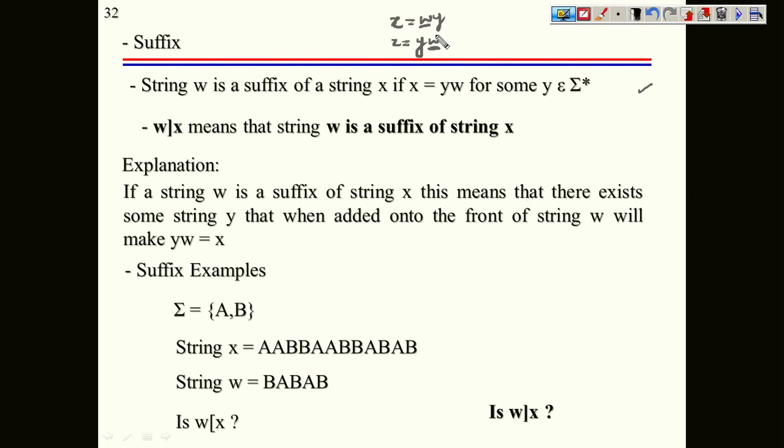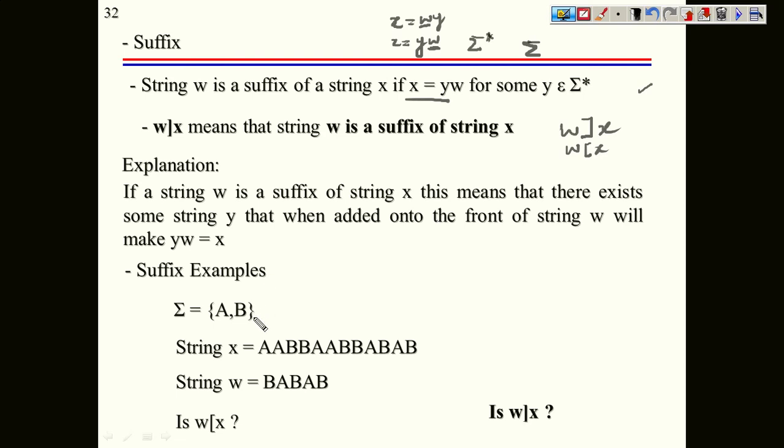So this becomes the suffix here, and we need to keep in mind that w and y must always be a part of sigma star. Sigma star refers to the fact that all the words are derived from the sigma set, and for suffix we use this right bracket x. So w right bracket x means w is a suffix of x, and w left bracket x means w is a prefix of x. These are the notations which are being used.